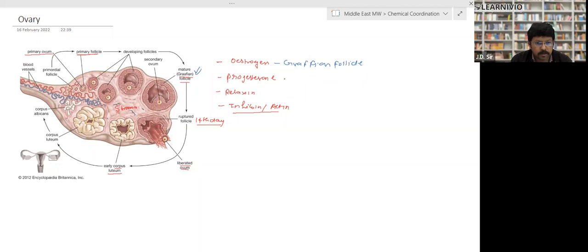Next is progesterone. Progesterone is secreted from the corpus luteum. This one here. Progesterone is secreted from the corpus luteum.